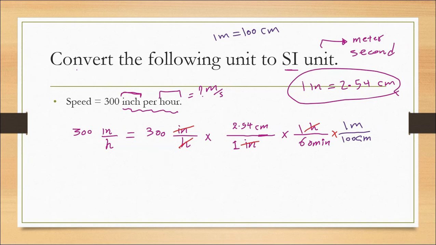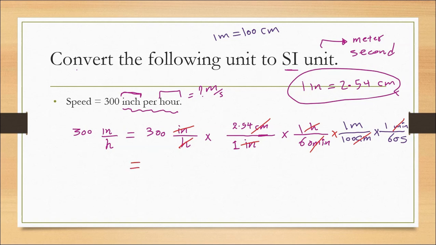Also, I have minutes here, but I need seconds. So times another fraction. Minute goes up, so I can cancel it. I know that 1 minute is 60 seconds. So if you keep canceling minute, minute, and centimeter, centimeter, I have meter up and second here.